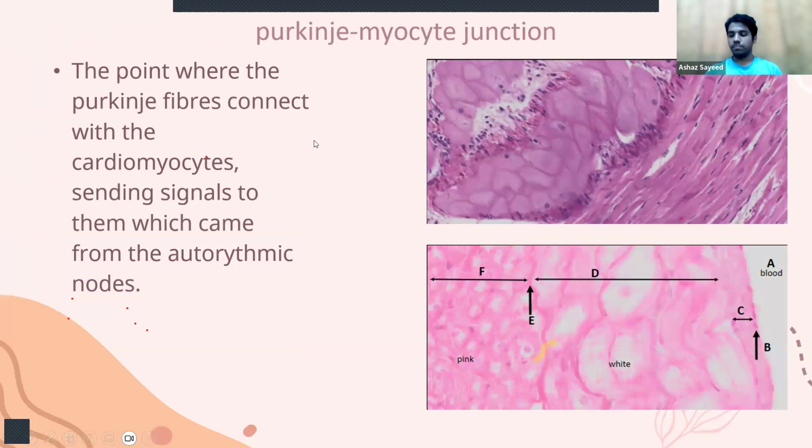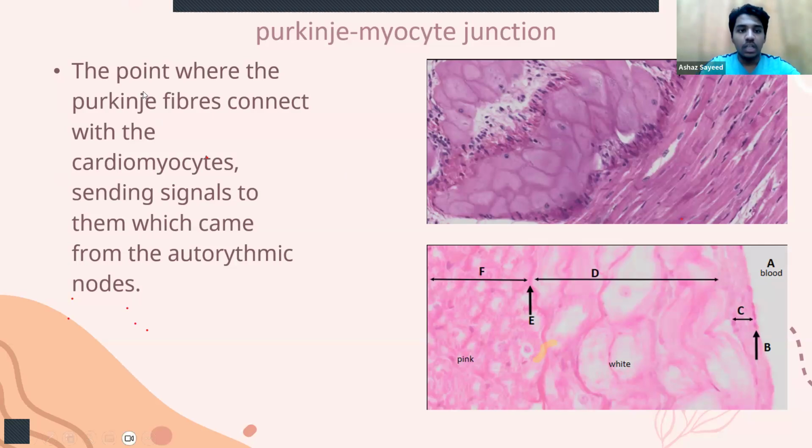So all this time I've been telling you that the Purkinje fibers conduct action potential. Now this action potential has to reach a cardiac muscle cell in order for the muscle cell to contract. The point at which the action potential moves from the Purkinje cells to the muscle cells is called the Purkinje myocyte junction.